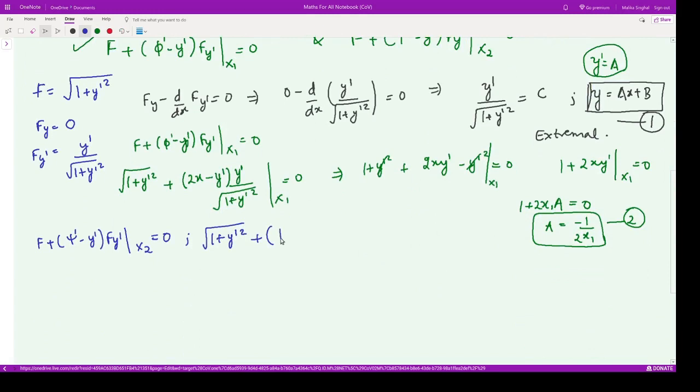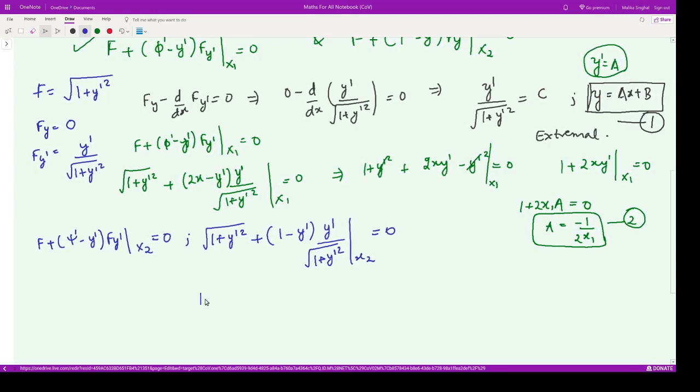So it is simply 1 minus y dash as it is, and fy dash is y dash divided by square root of 1 plus y dash square at the point x2, that is equal to 0. So let us solve this a bit. Taking the LCM, we get 1 plus y dash square plus y dash minus y dash square at the point x2 is equal to 0.